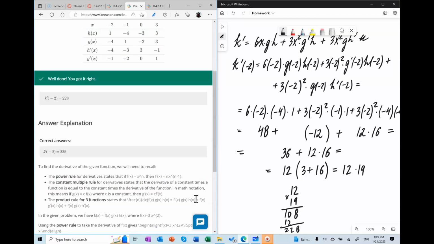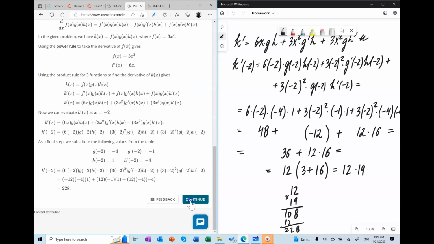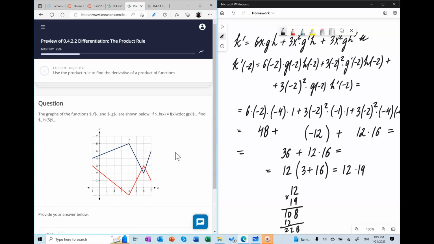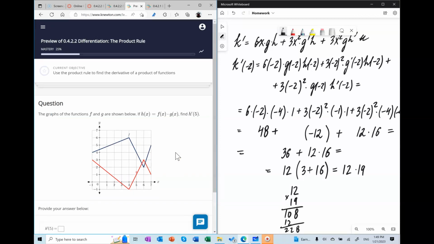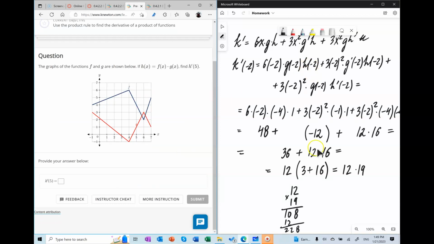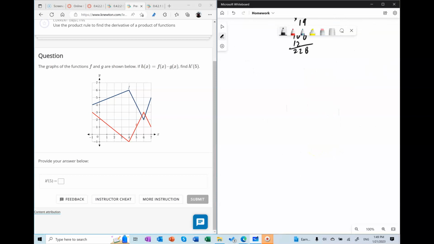So these problems really test your ability to execute the product rule. In actual applications, it's easier. So this time the function, instead of being defined by a table, it's defined by a graph, but the idea is the same.